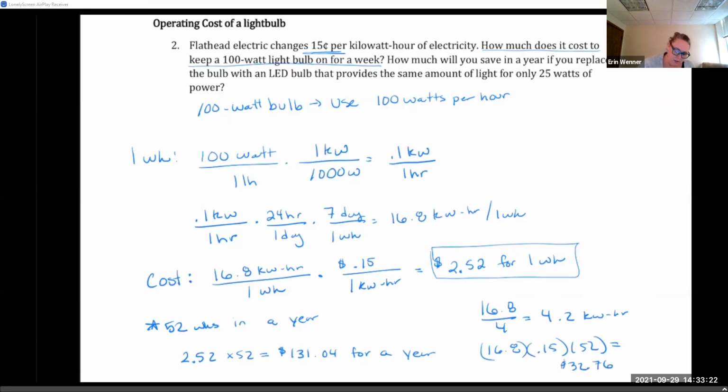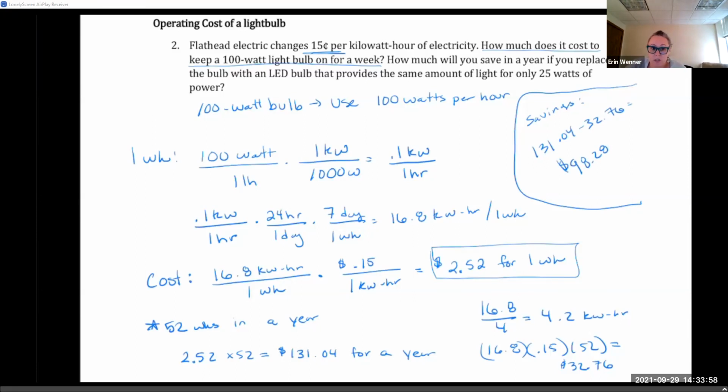So then the savings, since I'm running out of room, I'll do it off in this little box on the side. The savings is going to be 131.04 minus 32.76, giving us $98.28.